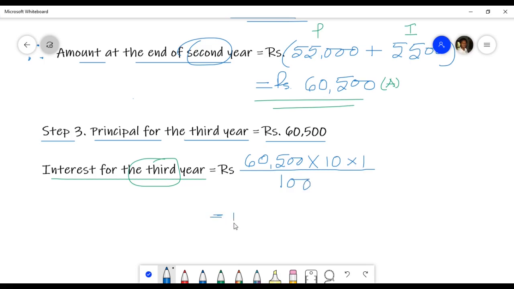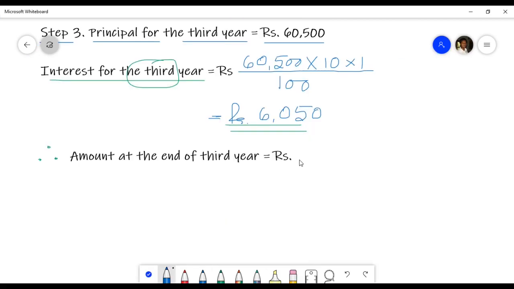So when you calculate this, 60,500 into 10 into 1 by 100, you will get it as 6,050 rupees. So rupees 6,050 is the interest for the third year.